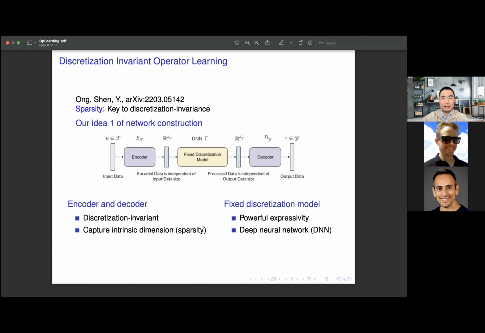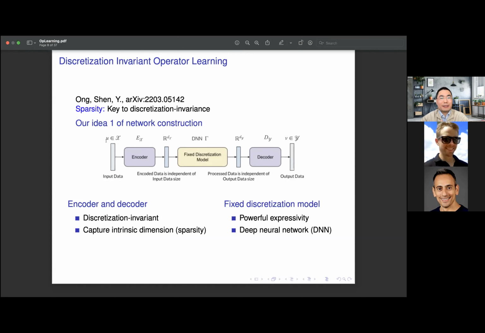Actually, the idea is very simple, and we can just use one single slide to illustrate that. But before that, let me state the goal in our discretization invariant learning. First of all, we will design some encoding and decoding scheme such that, no matter, actually you have a function u, but in practice you won't really have a function u.